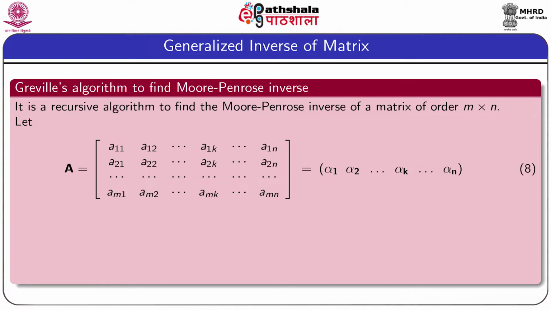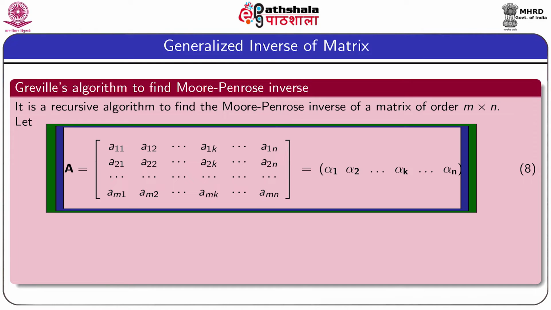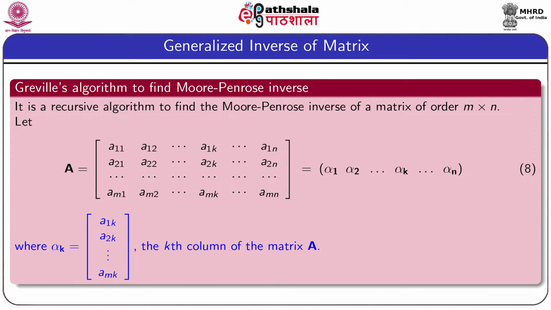Let A be a rectangular matrix of order m by n, that means the matrix contains m rows and n columns, and this matrix is denoted by n column vectors alpha 1, alpha 2 up to alpha k, and so on up to alpha n, where alpha k, the kth column of the matrix A, is a column vector and the elements of this column are a1k, a2k up to amk.